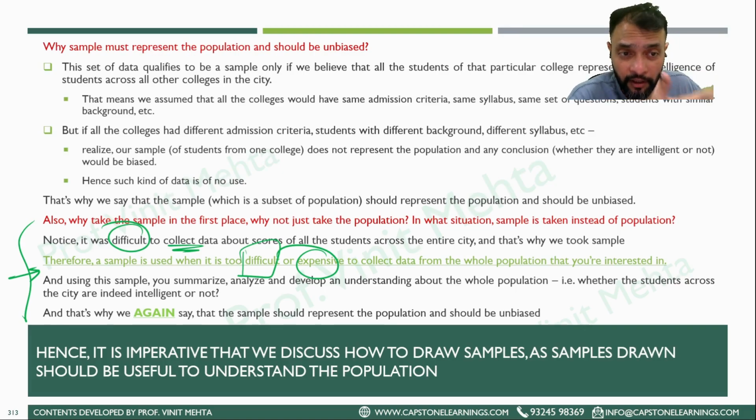So if I take the returns of cryptocurrency since 2008 until today, I will never know if those returns capture all the possible outcomes. At times, it is difficult to know the population, it is not even available. So in two situations, we take the sample. One, we know the population, but it is difficult to get the information about it, like all the colleges in the world. Another situation we take a sample is when we don't know the population only.